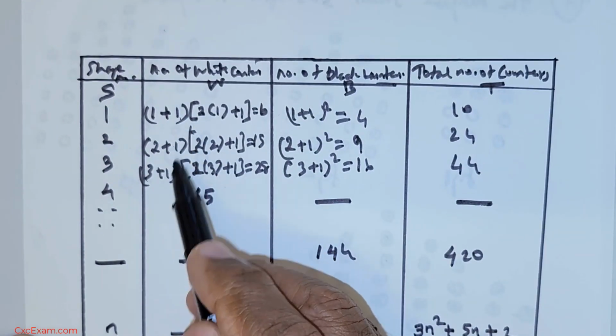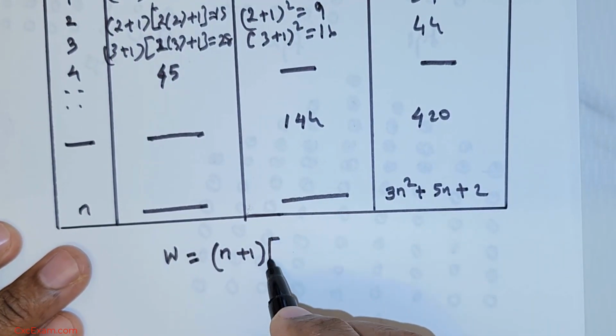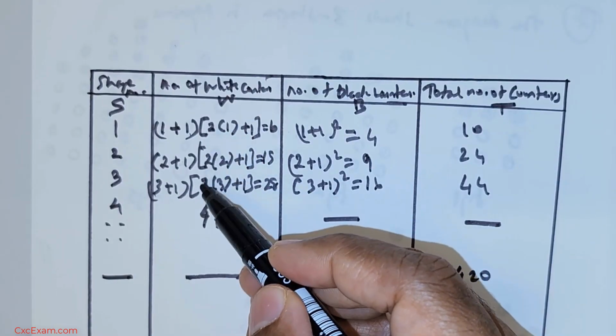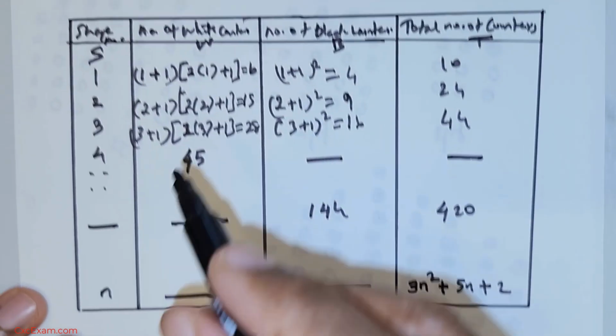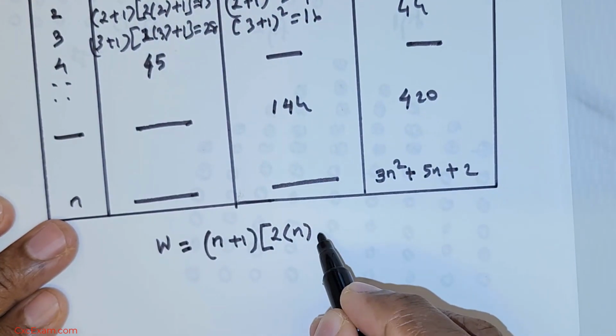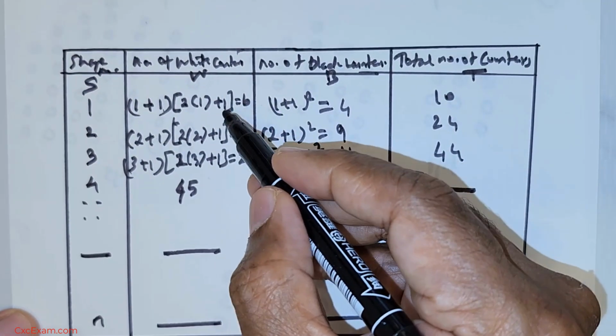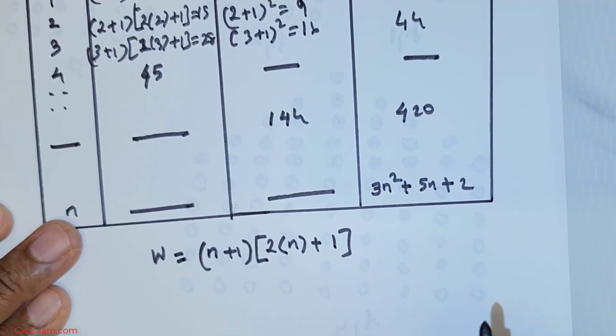Next you see 1, 1, 1. There is no change, so that's a constant being added. Then you open the parenthesis. You see here 2, 2, 2. So there's no change. That's a constant. And then you open the parenthesis. You see this increment 1, 2, 3. So that means there is an n that is coming there. Plus you see here 1, 1, 1. So that's again a constant.